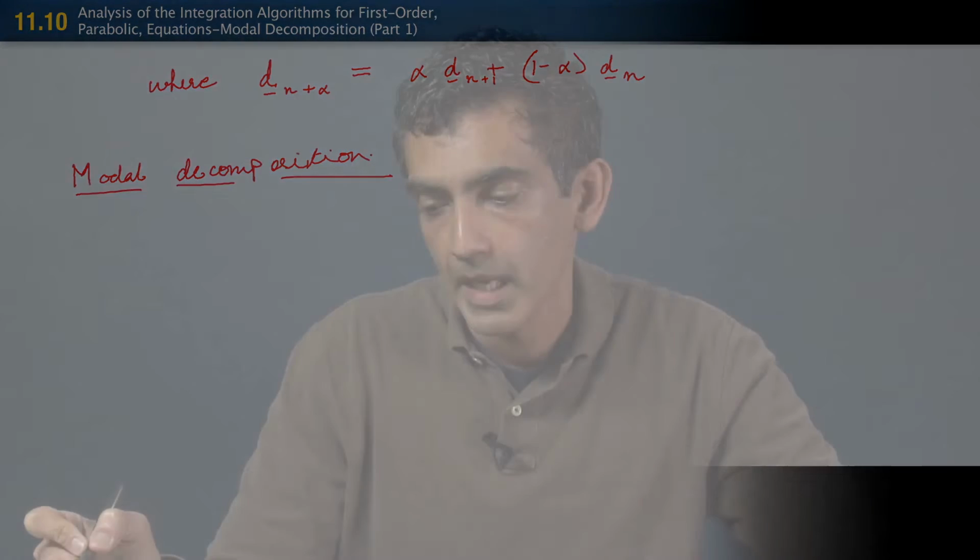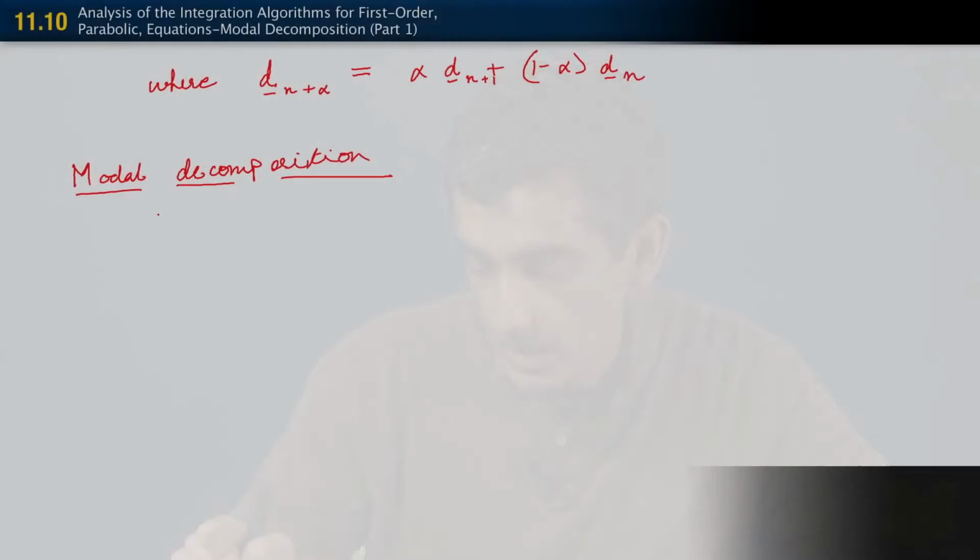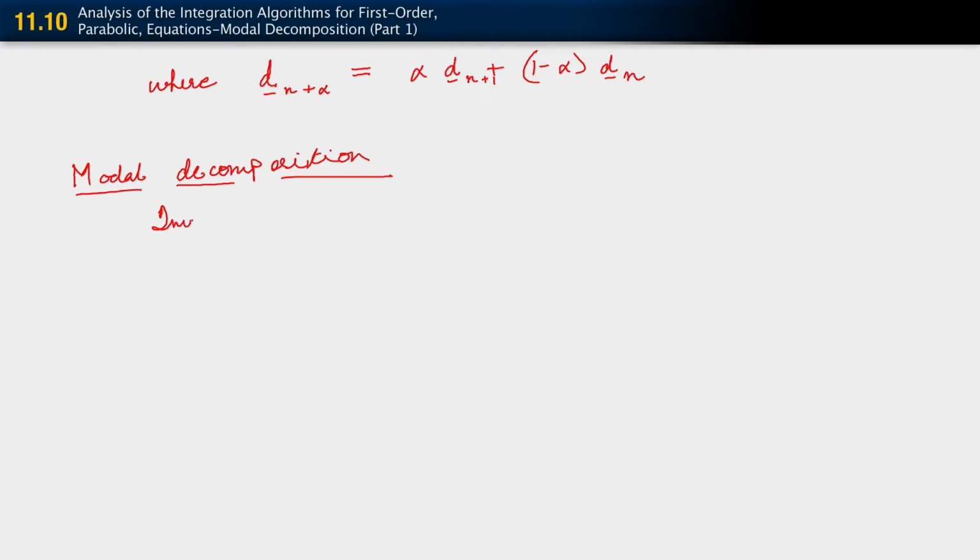In order to carry out a modal decomposition, we are going to take a step which is to invoke a related eigenvalue problem. We will invoke the related generalized eigenvalue problem.